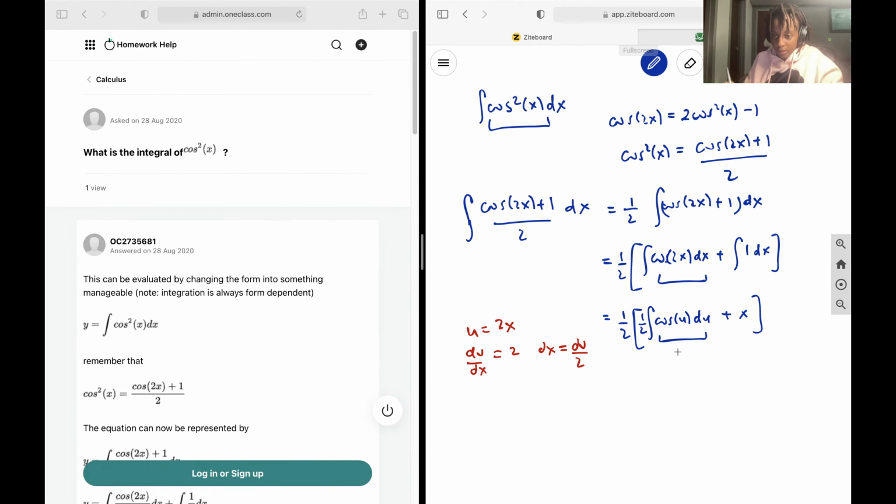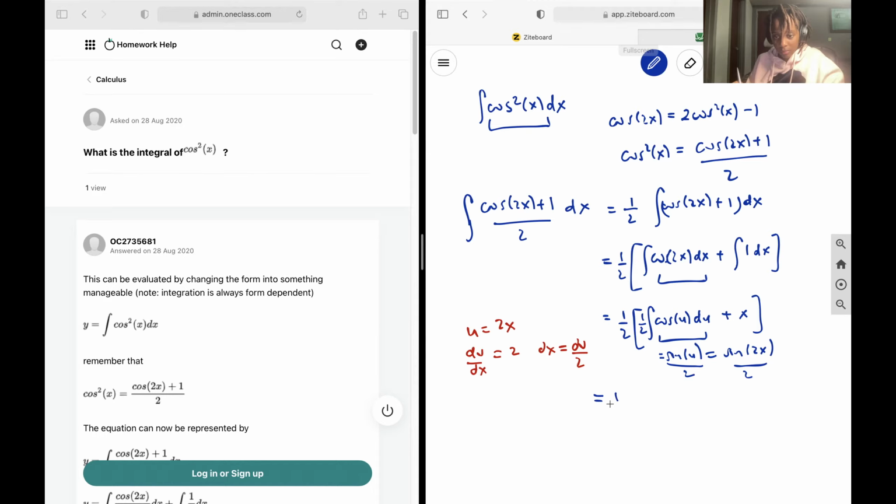So we know how to find this, and this is going to give us sine u. And then you want to put back in that 2x, so sine 2x. It was multiplied by 1 over 2, so over 2 over 2.